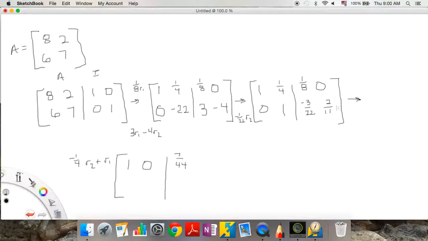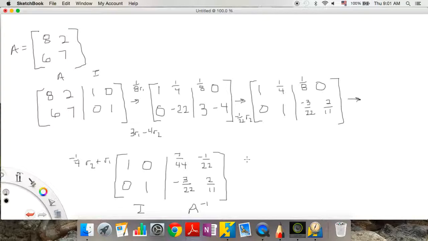And then negative 1/4 times 2/11 plus 0 is negative 1/22. And then the next row we just leave because it was like we wanted it. And so here we've got our identity, and this is our inverse. So that's two different ways to find the inverse.